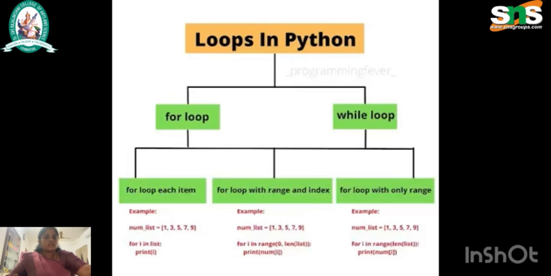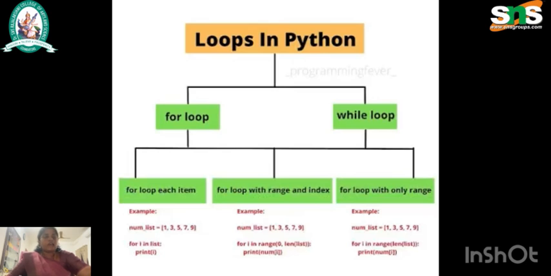So what is the syntax for that? For variable name in range, in brackets we give the numbers. What is the first number and the last number?